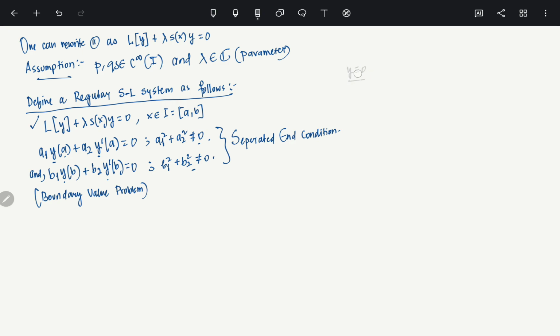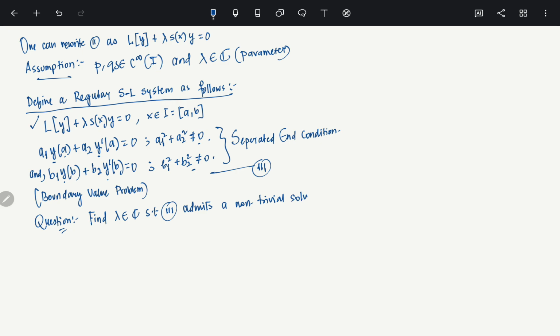So the question is this: find lambda in C such that, let's call this problem 1.3, such that 1.3 admits a non-trivial solution. Okay, so what does that mean?